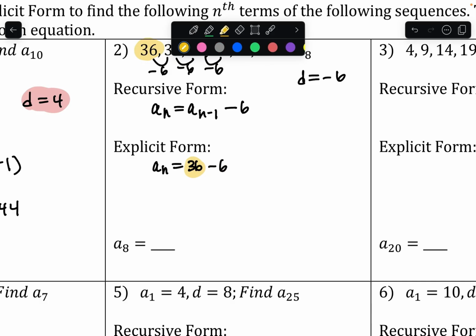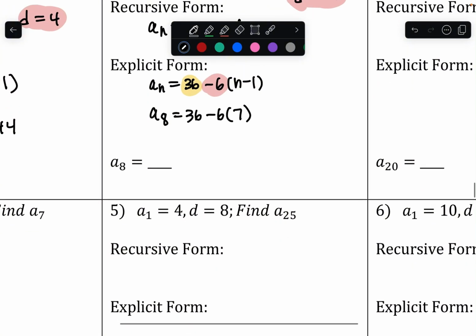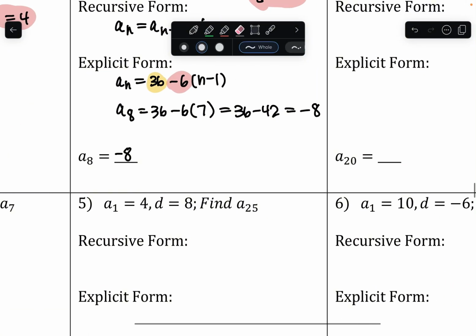So I'm going to do minus 6, n minus 1 more times. Okay, and so for A8 in this case, we are taking 36 and subtracting 6 7 times. And so that would be 36 minus 42, which would be negative 6.